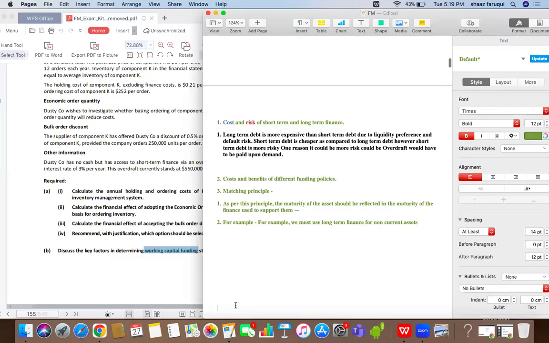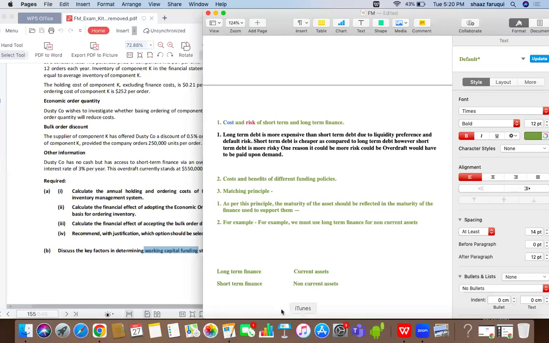You remember match the following in school. So you have long-term finance, you have short-term finance, you have long-term or non-current assets, and you have current assets. So you match the following. What do I mean by match the following?